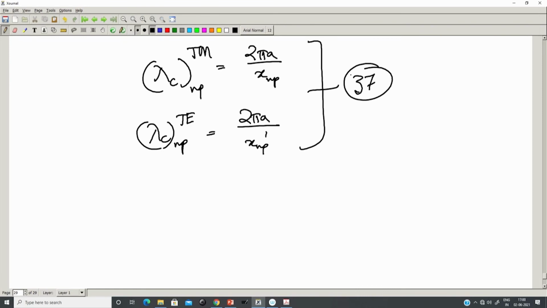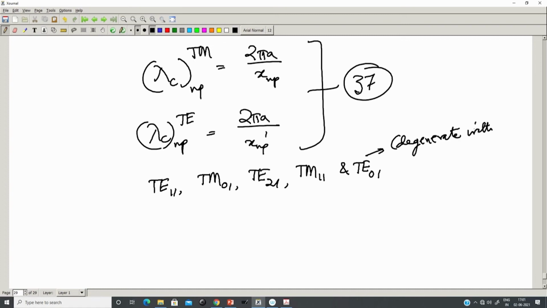Now, the modes in ascending order of cutoff frequencies are TE11, the lowest order mode or the dominant mode in the circular waveguide, followed by TM01, then TE21, then TM11 and TE01, which is degenerate with the TM11 mode. That means they have the same cutoff frequencies.